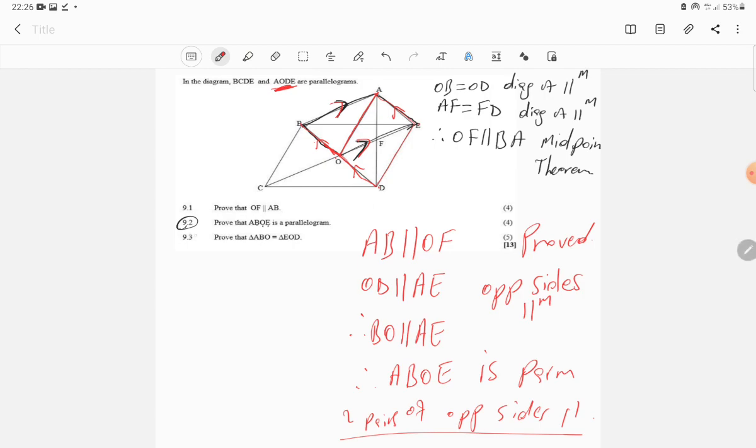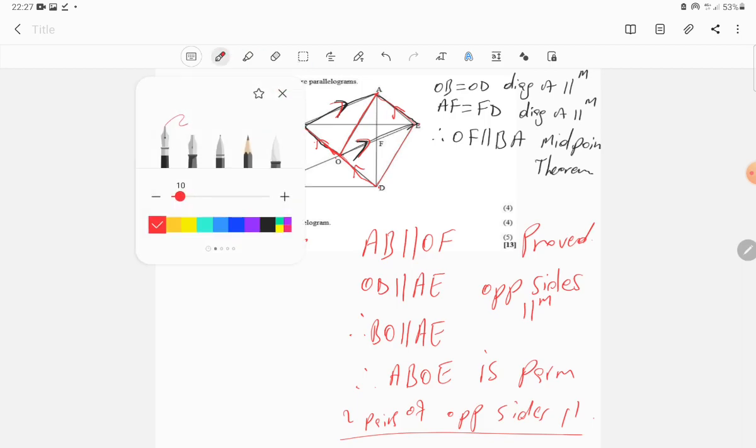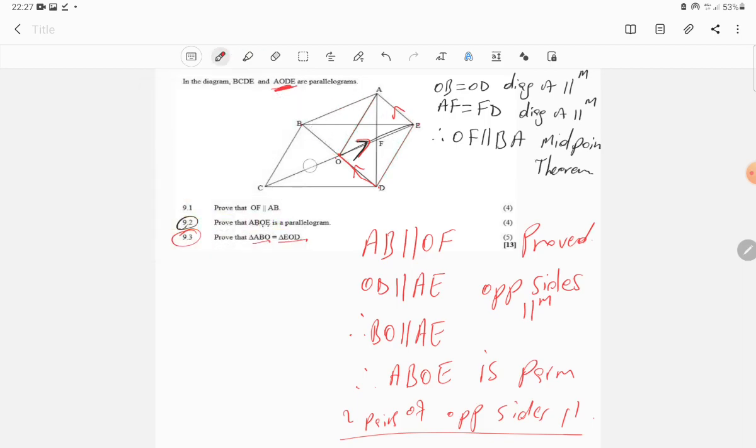So let's come to 9.3. 9.3 is prove that AOB is congruent to EOD. Let me just give a highlight. AOB is congruent to EOD.